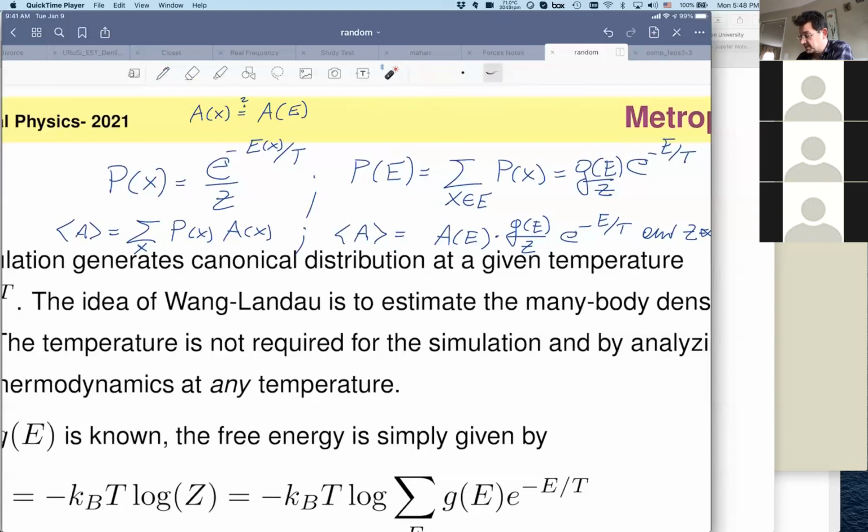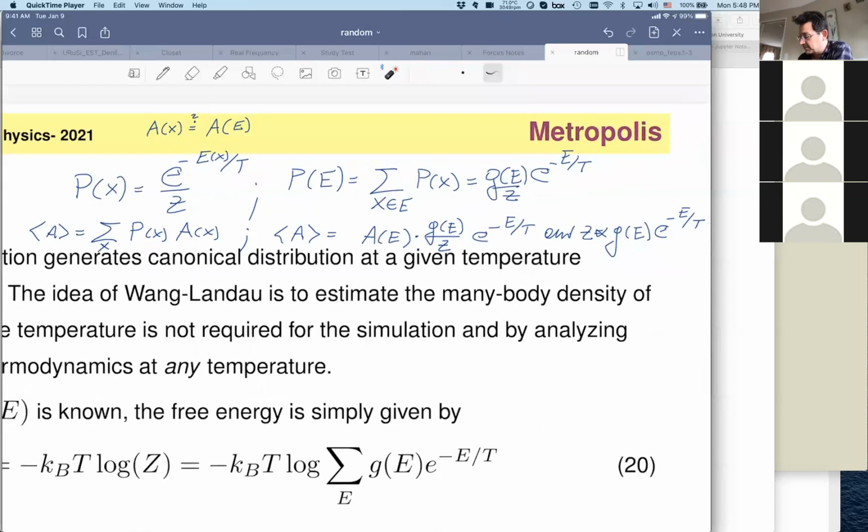Thermodynamic quantities have this property, so that they don't depend on the details of the configuration, but only on the energy. And so we realize that the number of energies is relatively small compared to the number of possible configurations. And if we could just enumerate how many configurations X have the same energy, we could do the calculation much more easily.